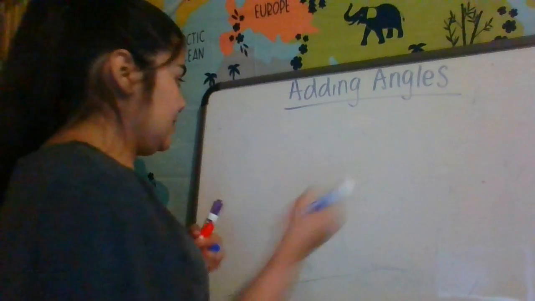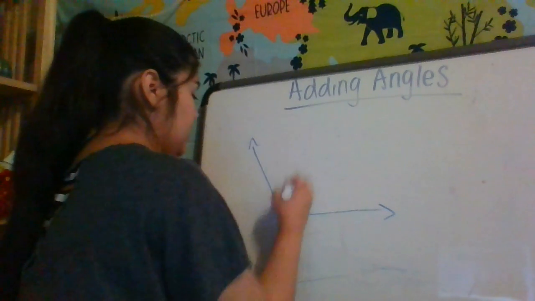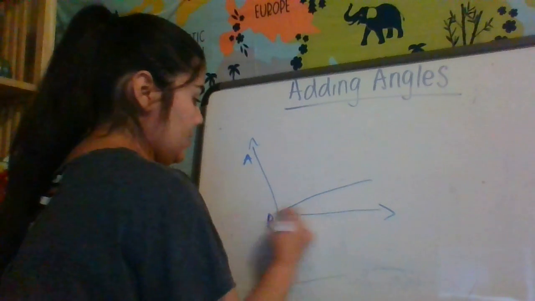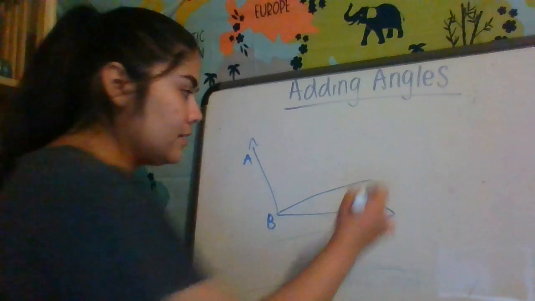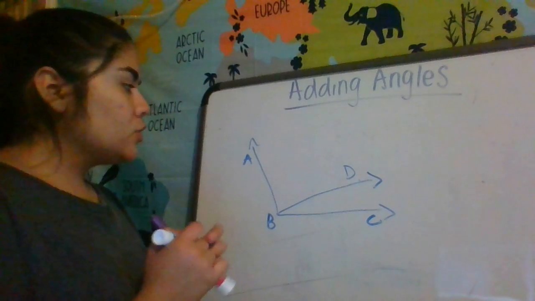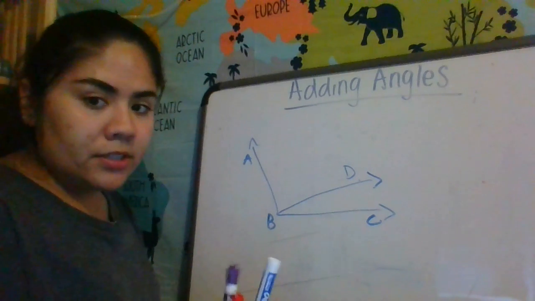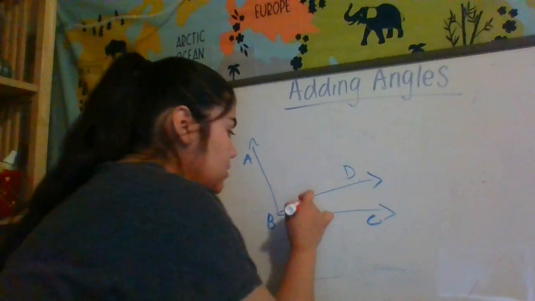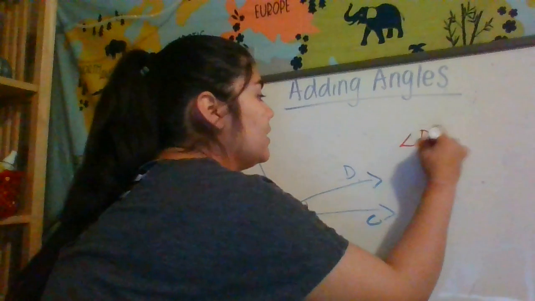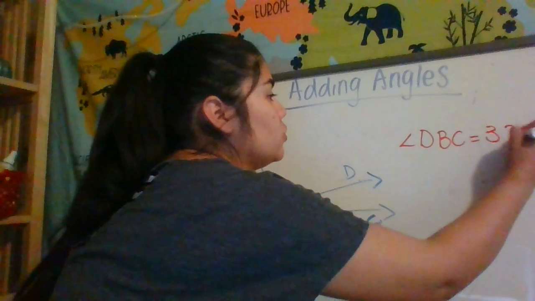So what that looks like is like this. Let's say they give us this really big angle here, and we'll call it ABC again, and this part here would be D. So they tell us this small angle here, DBC, is 32 degrees.